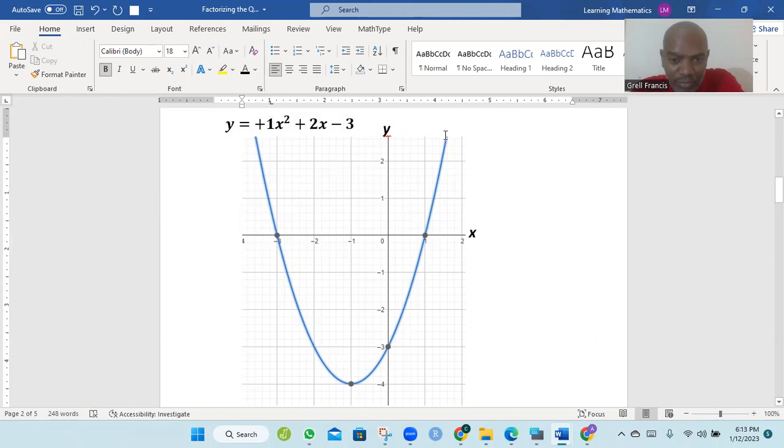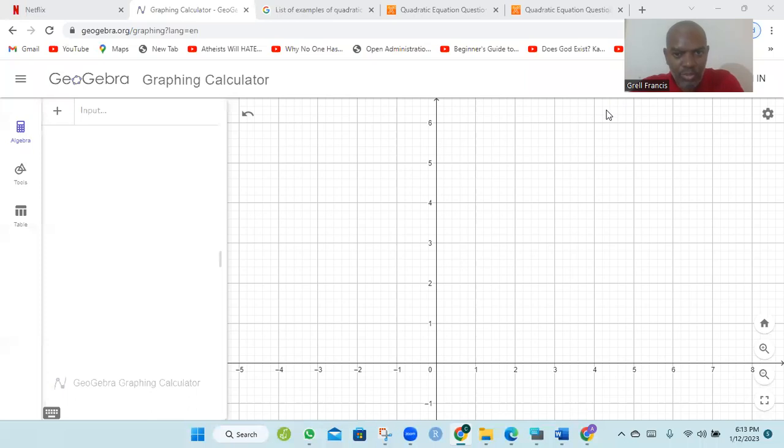All right. You can even prove that using an online graphing calculator. So here we're going to use a GeoGebra graphing calculator online. That's an online graphing calculator to show that when the value of a is a positive number, you're going to get a U shape for the parabola.